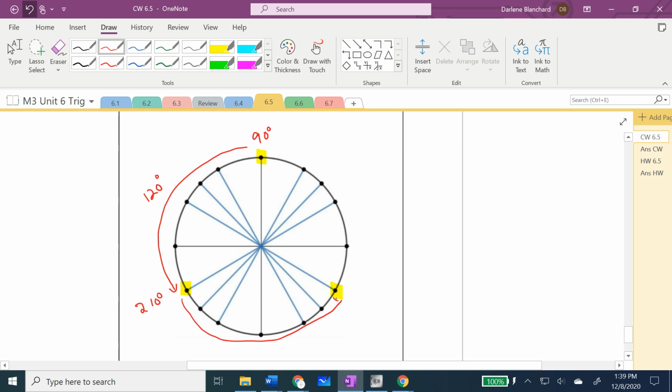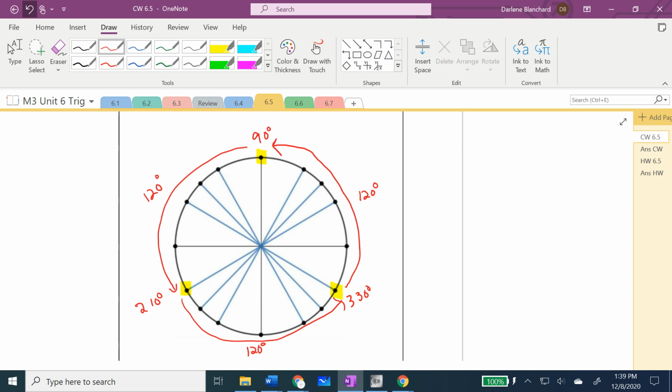I go another 120 degrees, and that takes me to 330. And can you see that this is another 120 degree turn to go to 90 plus 360, the coterminal angle there.